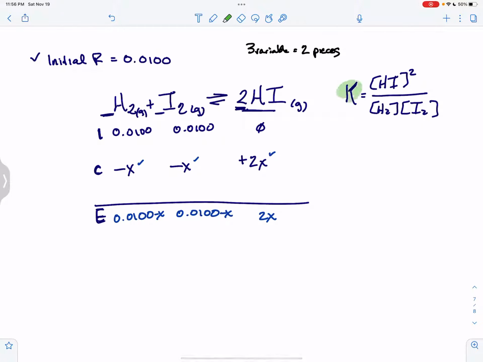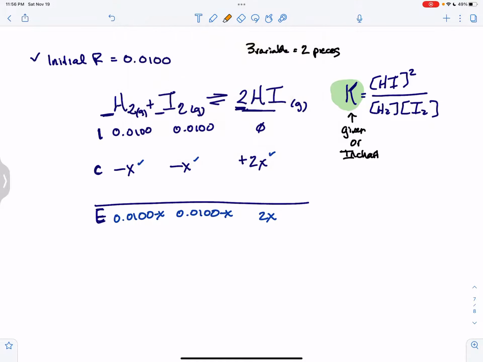So here's our first variable, and it's K. K is our equilibrium constant. This would either be given in the problem or in a chart, like, hey, go look in this chart, or you're going to have to actually calculate something about it. So that's one piece of information.